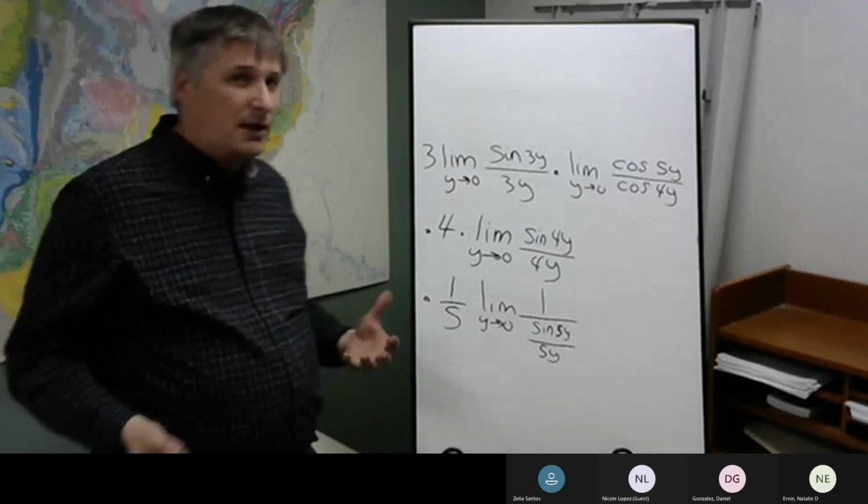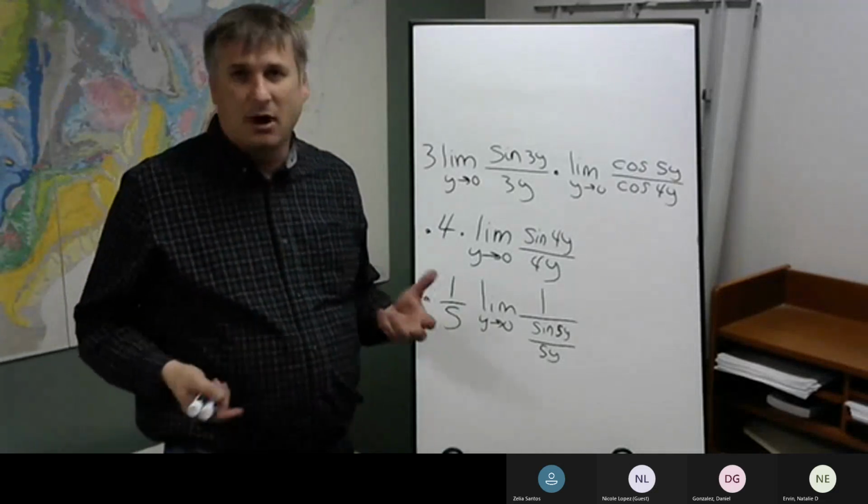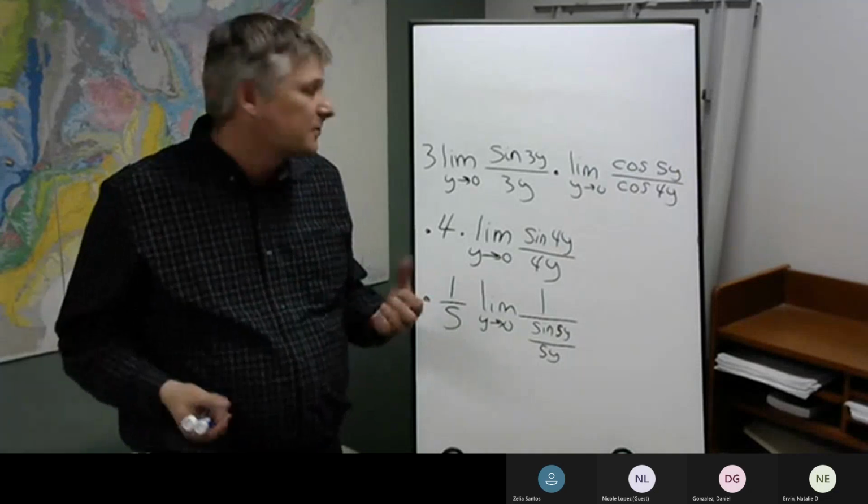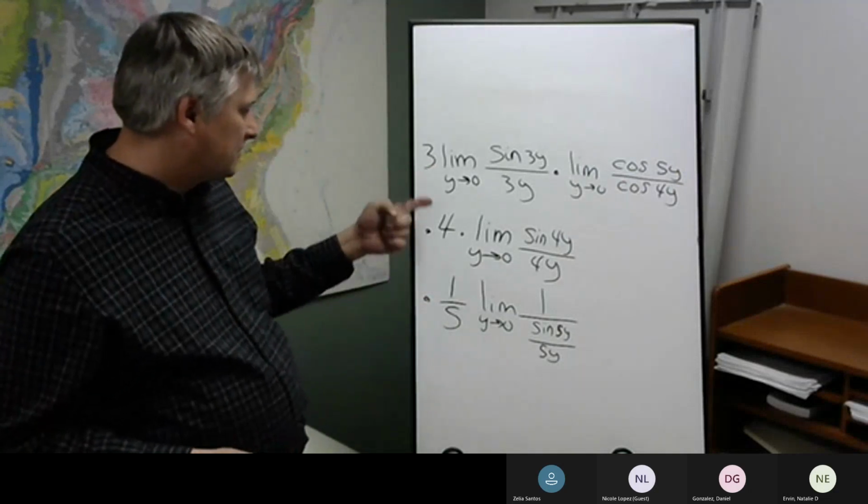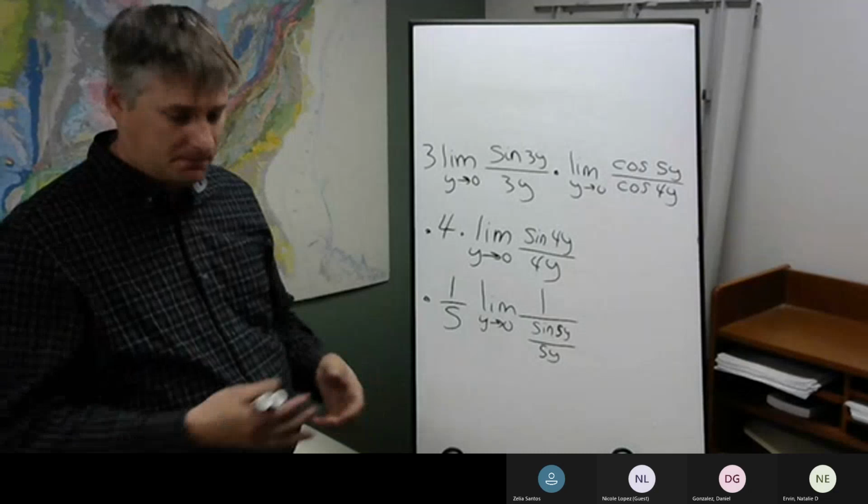Whew. Again, we're using that property that the limit of a product is the product of the limits. And we're letting the constants pass through the limits.